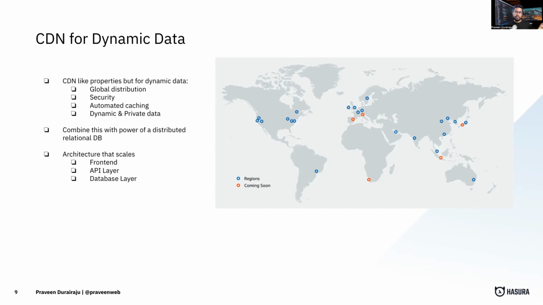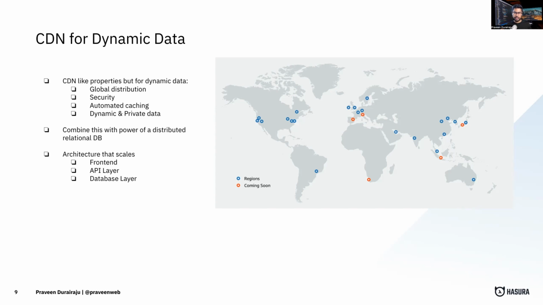Now, the last piece is combining it with the distributed SQL store, which would also mean that now you have a very powerful combination of your front-end app scalable with the API layer, with the database layer as well. So you not only get high performance, but you also get high availability and high scalability.